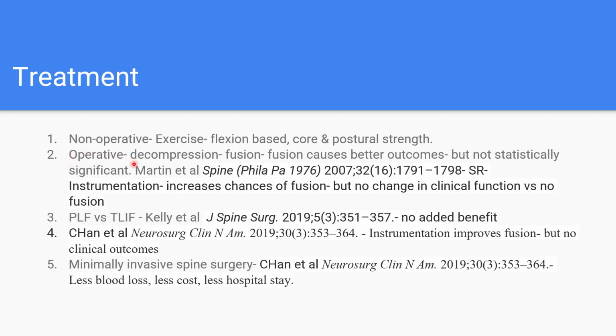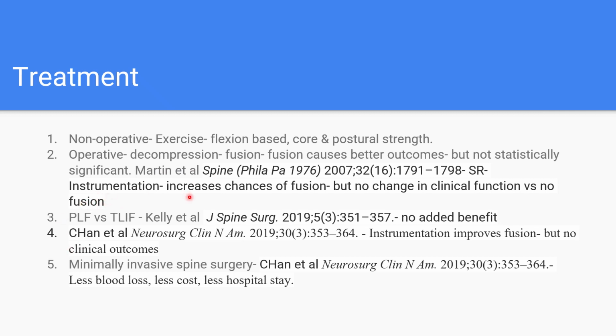In terms of the operative treatment, decompression plus fusion has been a standard treatment. However, it has been shown that fusion causes better outcomes, but these are outcomes mostly in terms of the pain, and it causes better fusion at that level, but there has been no statistically significant difference in terms of the outcomes based on the paper in the Spine Journal by Martin et al.